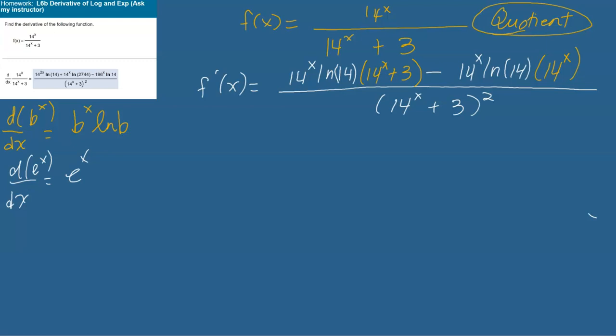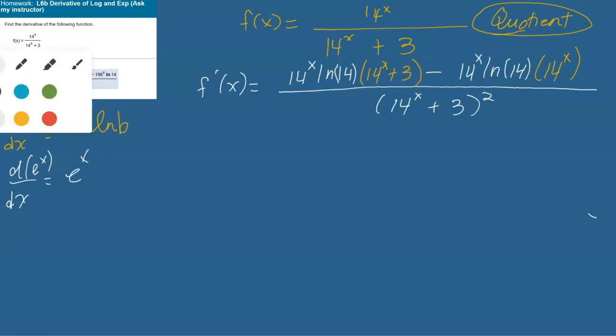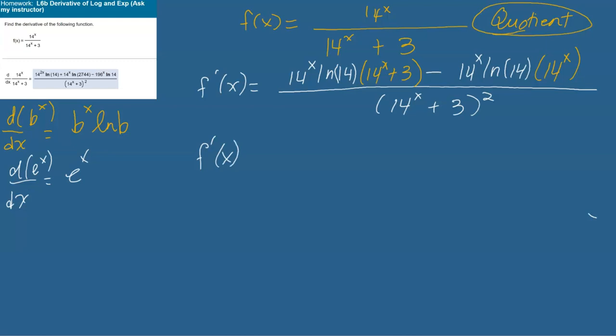Okay, so what can we do at this point? We can distribute and clean that up. So you would say f prime of x is equal to 14 to the x ln of 14 multiplied by 14 to the x is going to be 14 to the x squared, right?